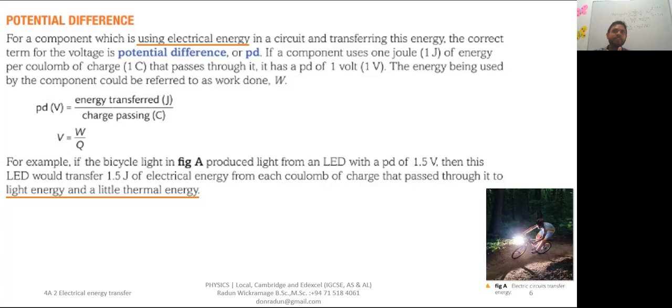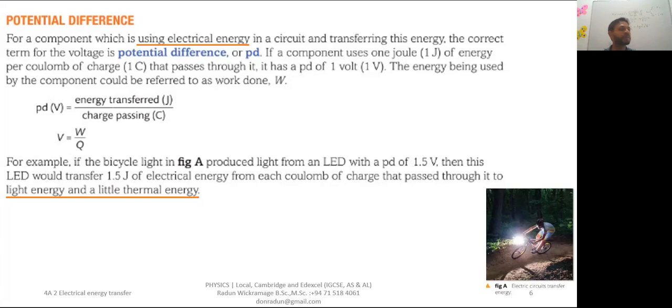So potential difference and EMF are two forms of voltage, but EMF refers to supply, potential difference refers to use. So if energy conservation is true, the total energy given should be utilized. So they should be equal to each other.